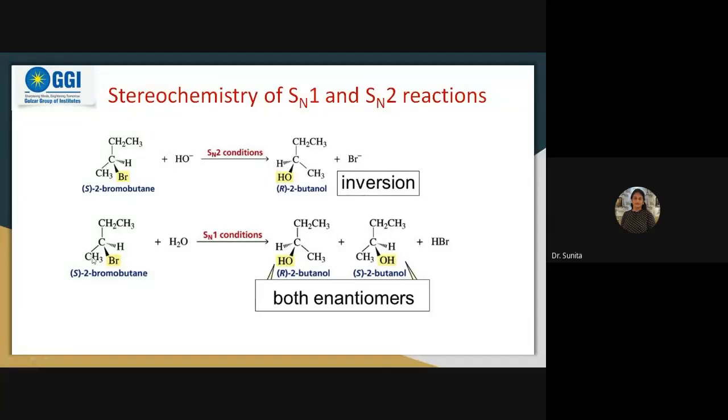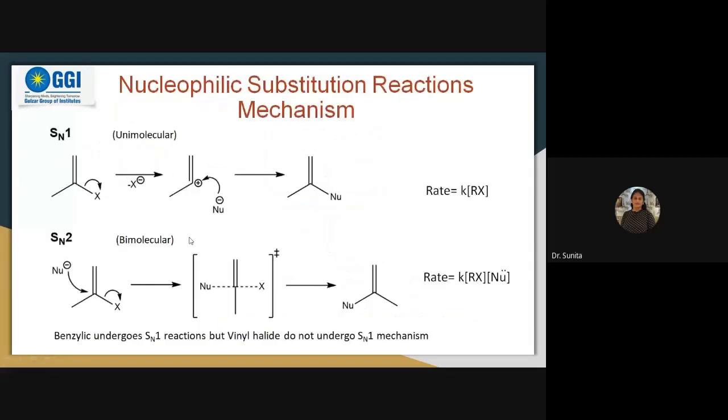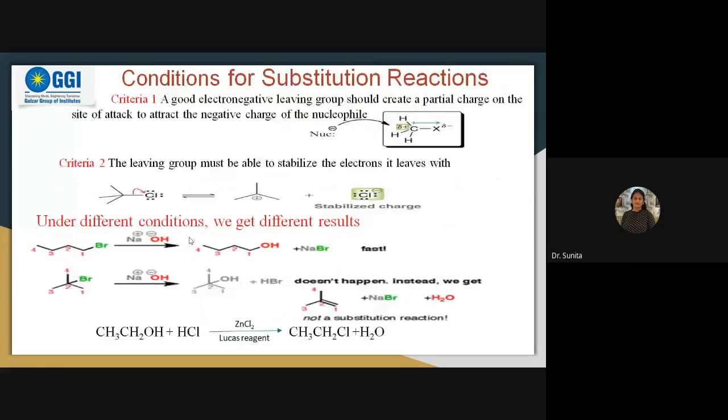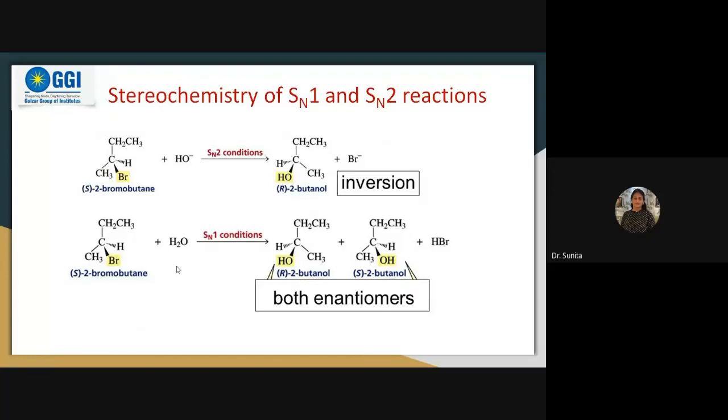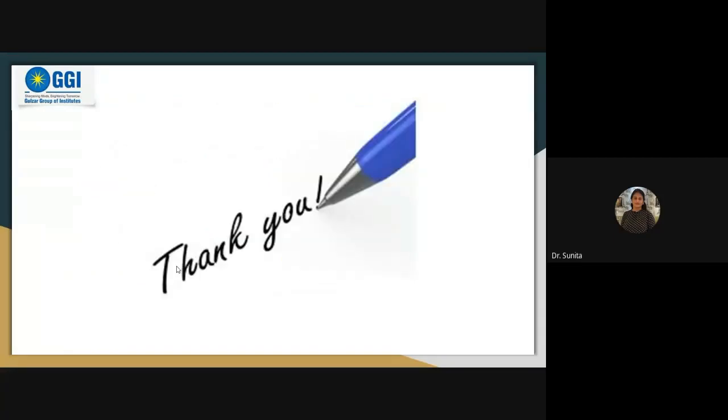Whether it undergoes SN1 conditions also depends on the strength of the base, the nucleophile, and its concentration. Accordingly we get the product in substitution reactions. So this was all for today's lecture.